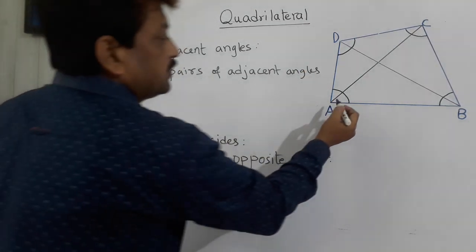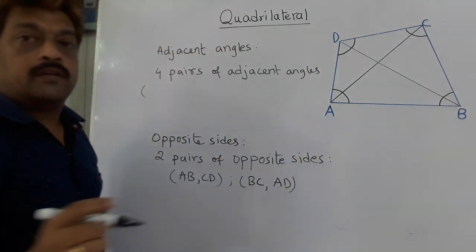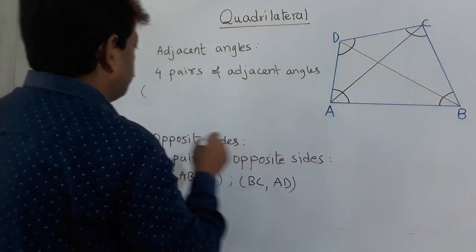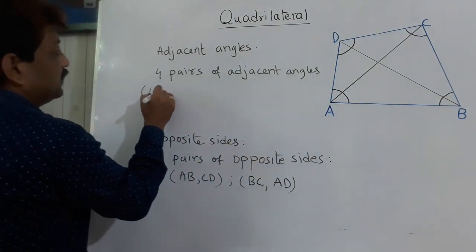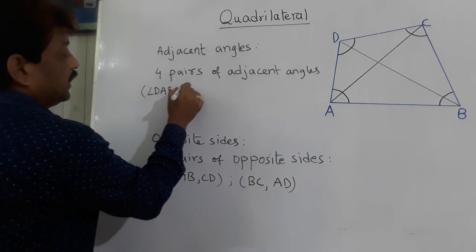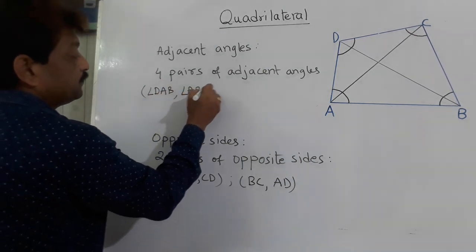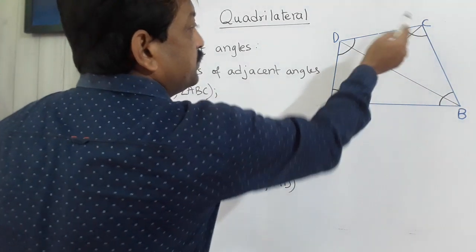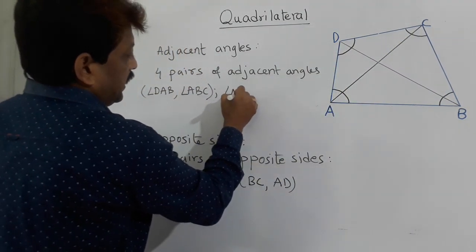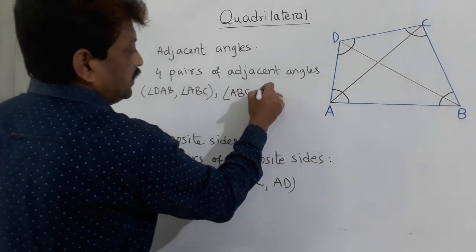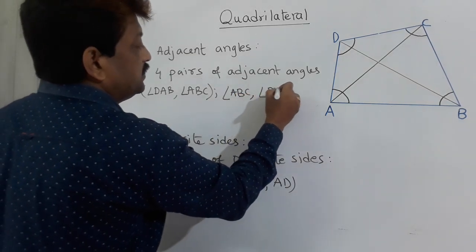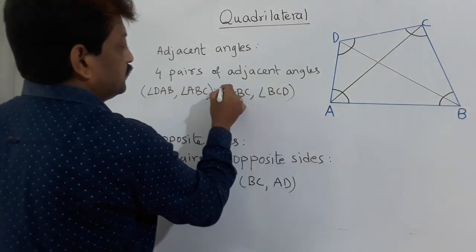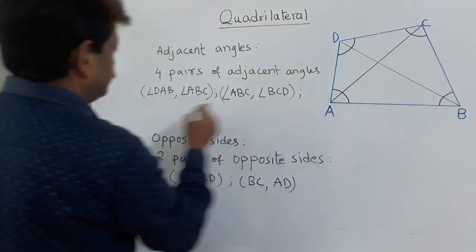So the first pair is angle A and angle B. We have to write the full name. So angle DAB and angle ABC, one pair. Then angle ABC and angle BCD, the second pair.